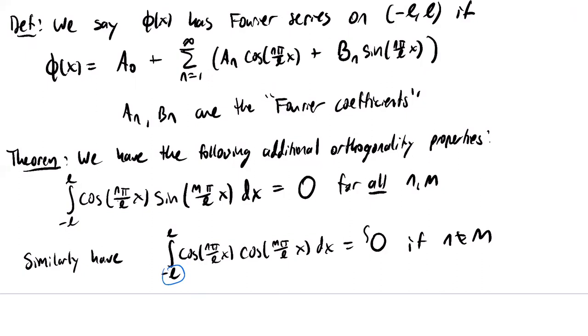And so again, since we've increased the length of the interval, we expect that in the case when n is equal to m, the value of the integral should increase. And since we've doubled the length of the interval, it turns out that it actually will double, basically because of the symmetry related to trig functions. So this ends up being L rather than L over 2. But otherwise, it's the same thing. And this is also true if I have sine instead of cosine.